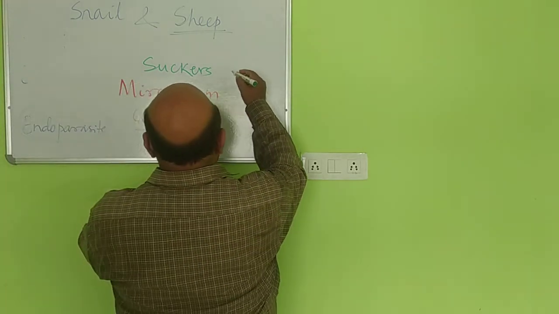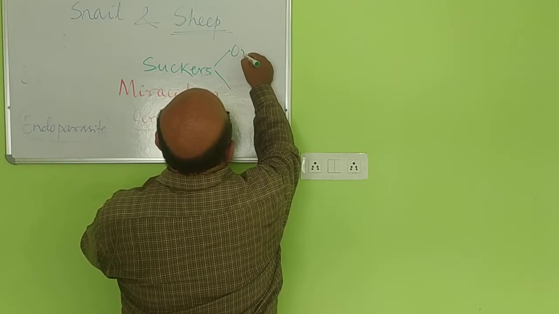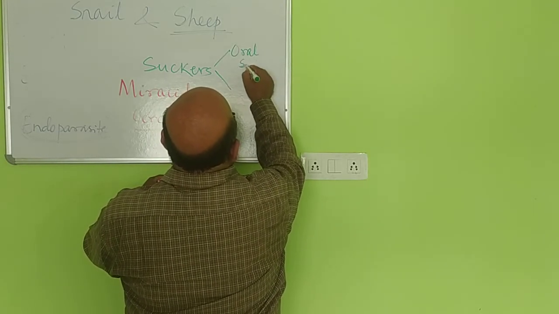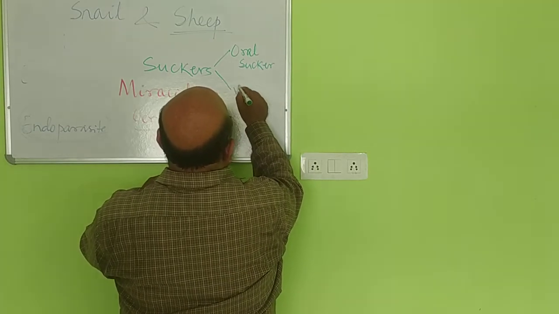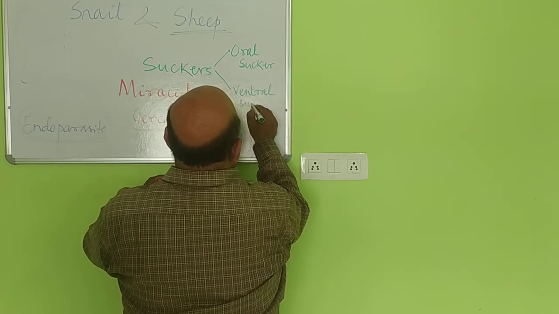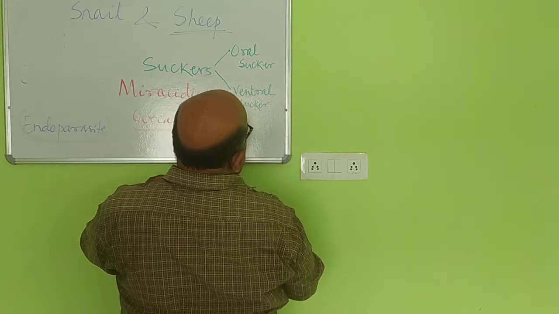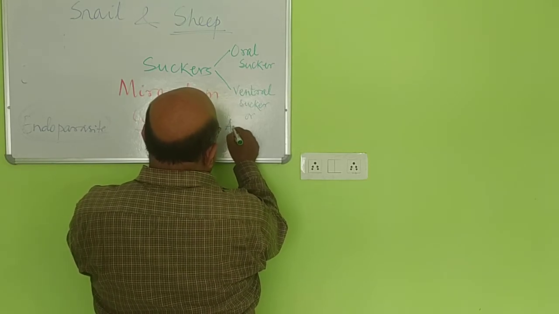Suckers in the liver fluke are of two types. One is called the oral sucker. The other is called the ventral sucker, because it remains at the ventral side. The ventral sucker is otherwise called the acetabulum.